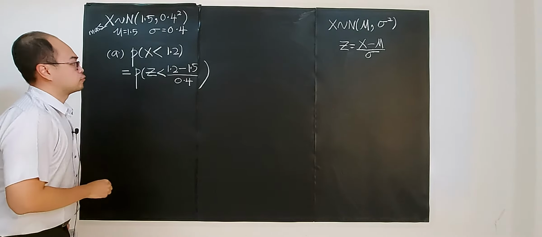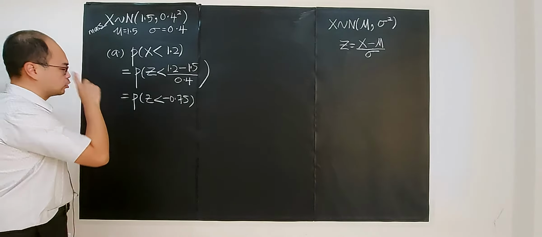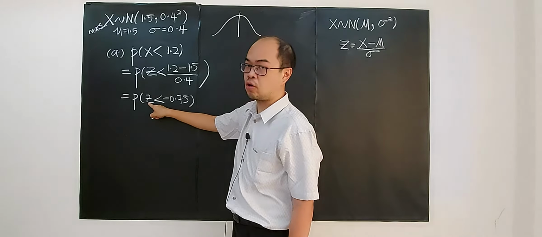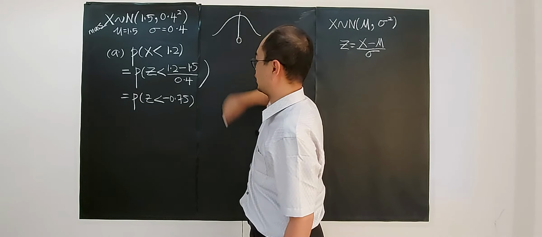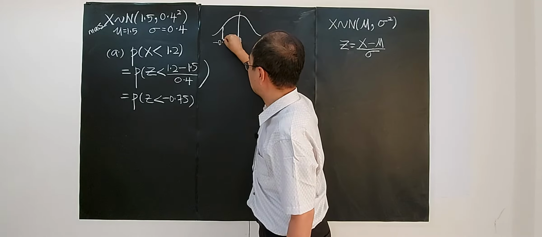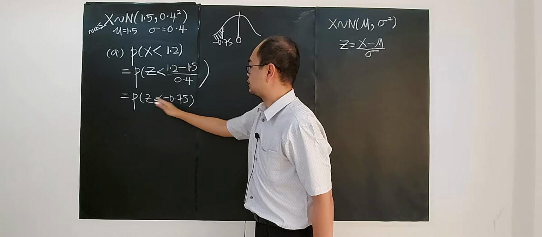You get negative 0.75. Because you already standardized the score, the normal distribution for Z has a mean of 0. Negative 0.75 is on the left of 0. It's this area, less than negative 0.75.